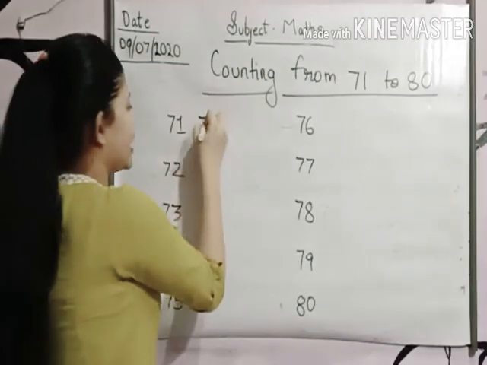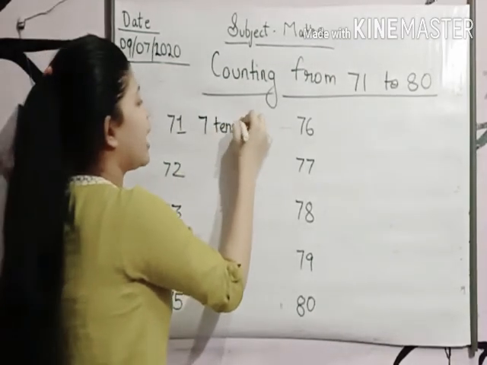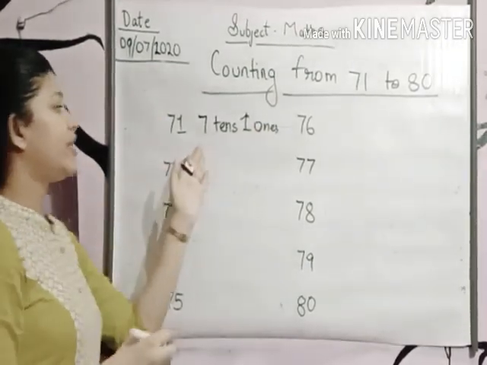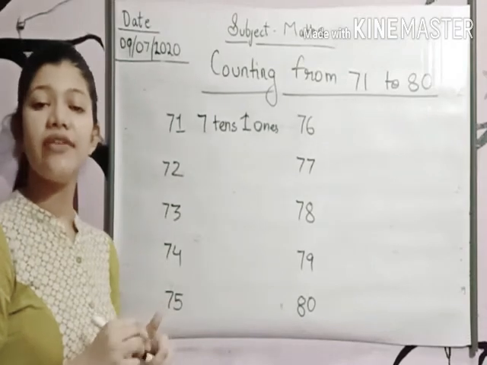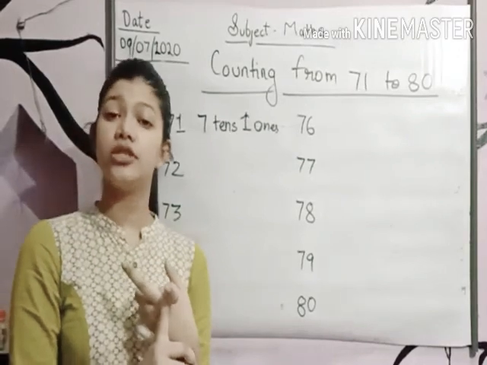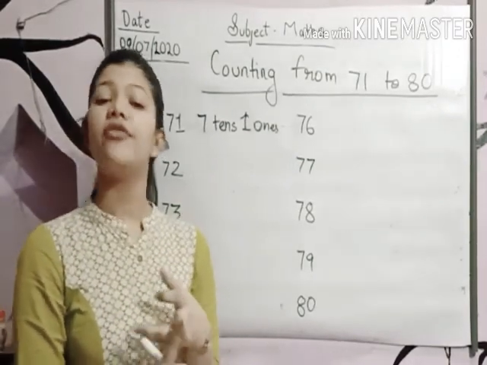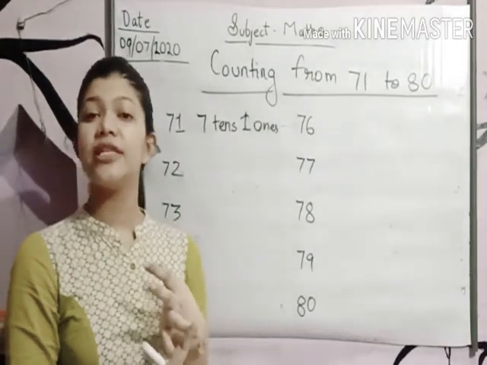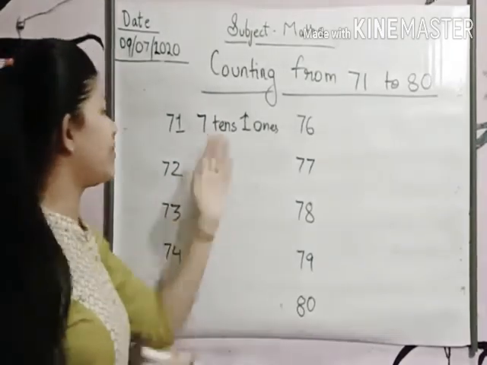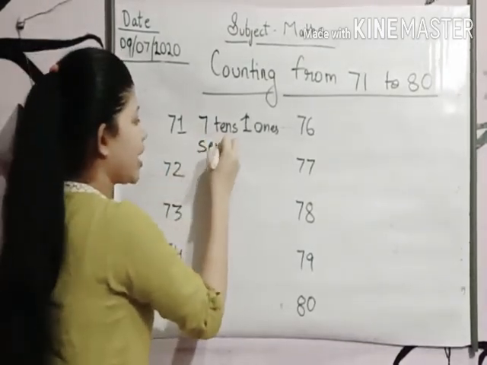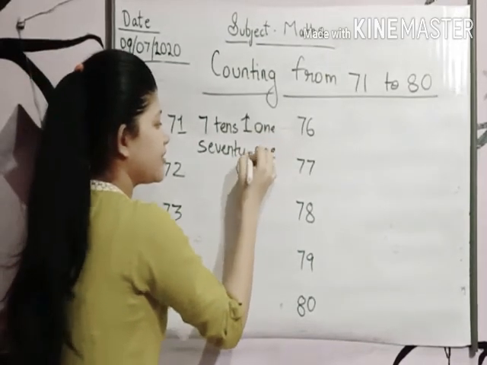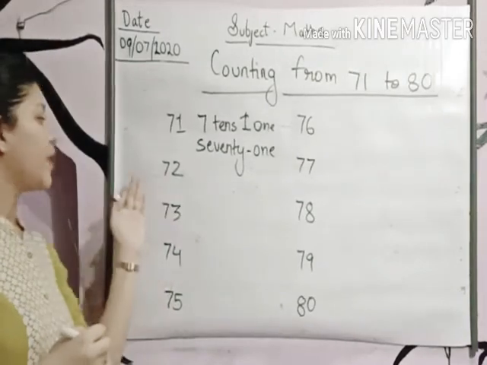So we will write it as 7 tens and 1 ones. 7 tens means 70, just like 2 tens means 20, 3 tens means 30, 4 tens means 40, 5 tens means 50, 6 tens means 60 and 7 tens means 70. So we will write here 70 and 1 means 1. That is 71.